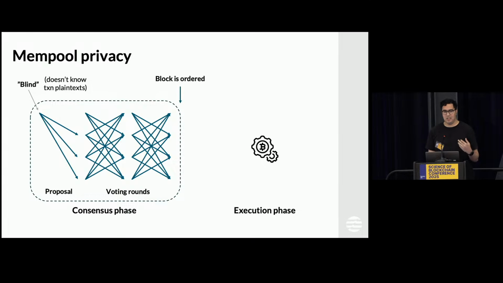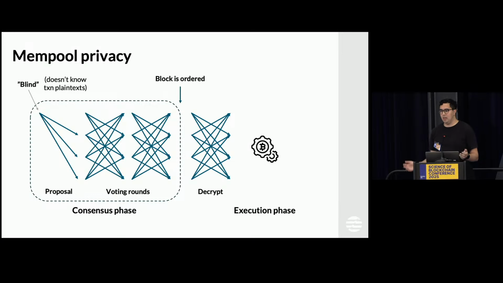When a client, instead of submitting a transaction in plaintext, submits a transaction ciphertext that is encrypted with respect to a public key whose secret key is shared among the validators, the leader will propose a block with ciphertexts in it instead of plaintext transactions. Then after the block is committed to and ordered, but before execution, all the nodes will work together to decrypt every ciphertext.